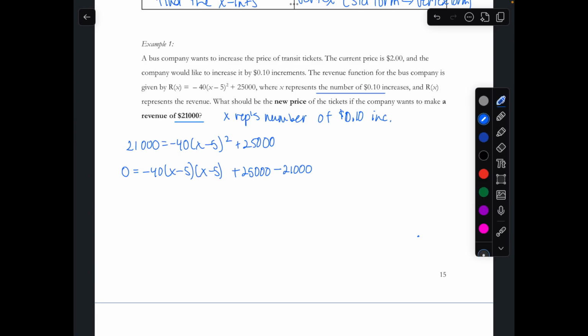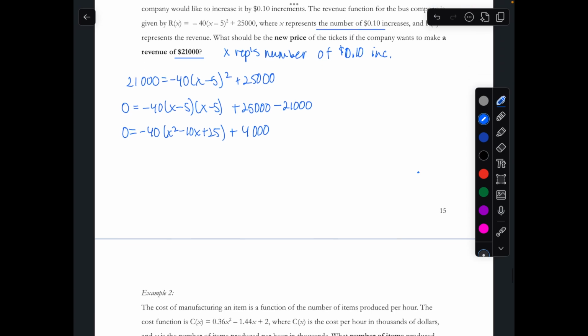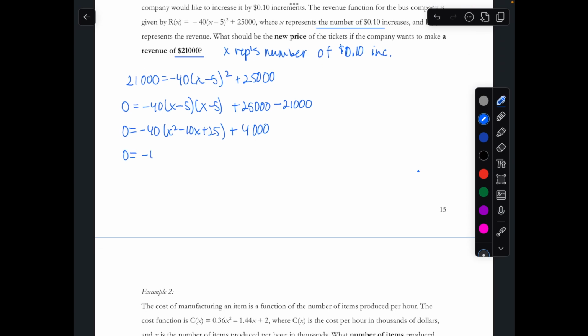We don't need this. So what I'm going to do is expand this: x squared minus 10x plus 25, plus 4,000. All right, 0 is negative 40x squared plus 400x minus 40 times 25 plus 4,000. It ends up being plus 3,000.